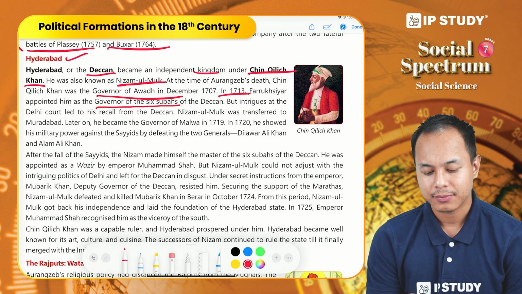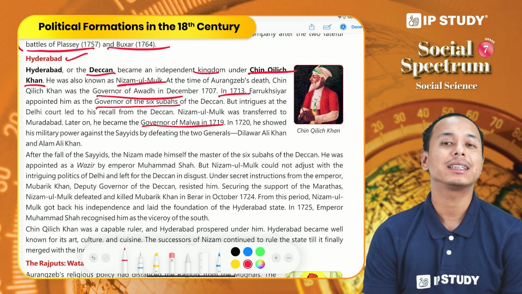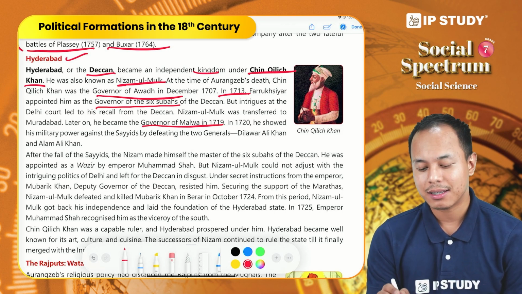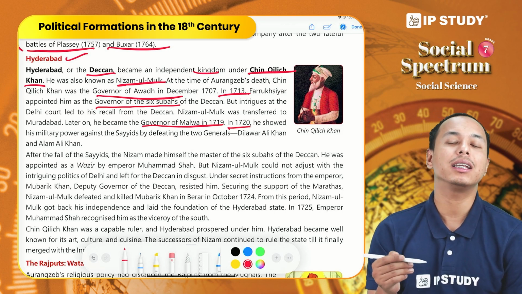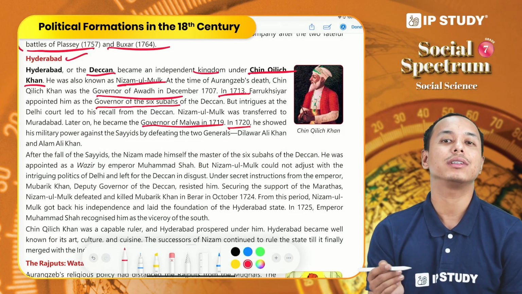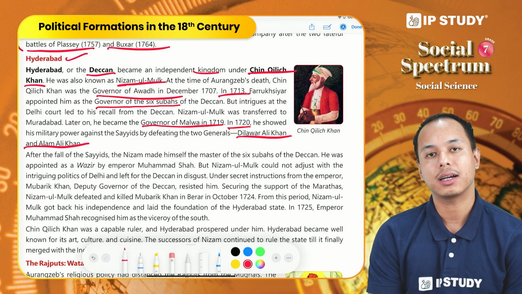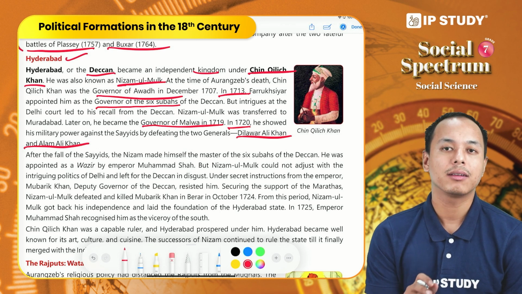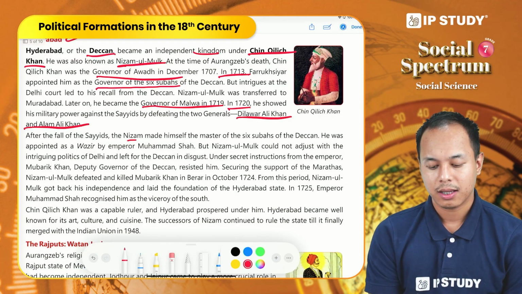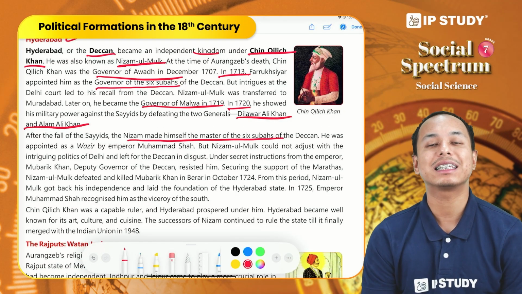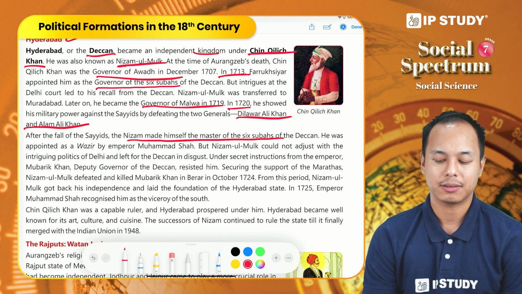Later, he became the governor of Malwa in 1719, and in 1720 he showed his military power by defeating the two generals of the Sayyids, Dilawar Ali Khan and Alam Ali Khan. After defeating the Sayyids, he was made the master of the Deccan.